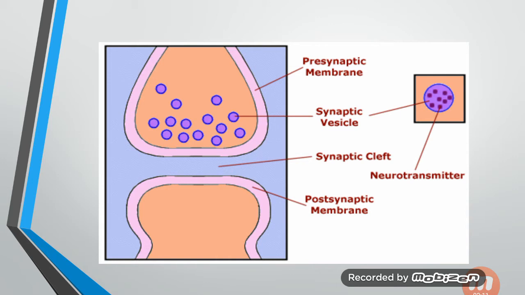The presynaptic neuron is a neuron which carries an impulse towards a synapse. Postsynaptic neuron, it is the neuron which receives the impulse or information in the form of a chemical messenger after it crosses the synapse.